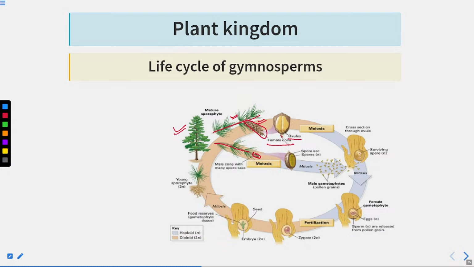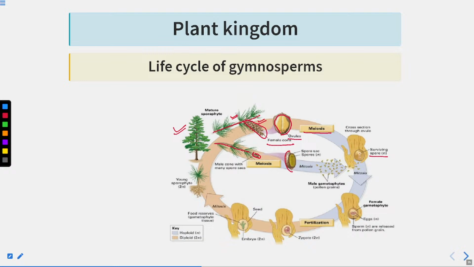Now here you can see the ovules. This is the ovule. Okay, and in the ovule meiosis occurs that gives rise to spores, and 3 of the spores degenerate and 1 becomes functional. And here what happened in the case of the male cone?